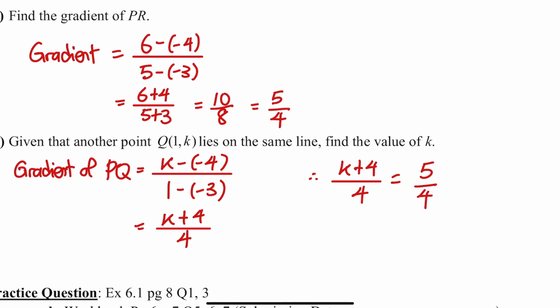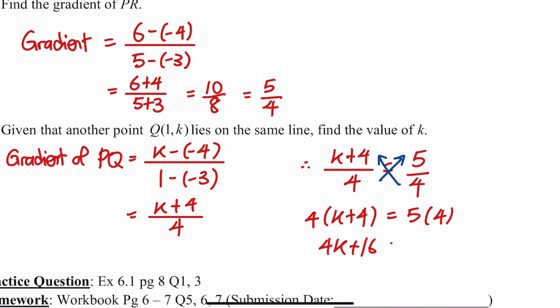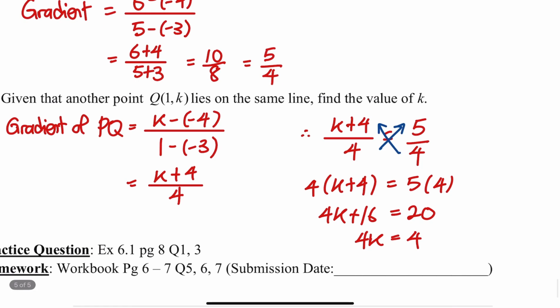Then simply cross multiply to solve this equation. I can cross multiply upwards. This will be 4 times (k plus 4) equals 5 times 4. Expand and simplify: 4k plus 16 is equal to 20. Therefore, 4k equals 20 minus 16, which is equal to 4. k, therefore, equals 1.